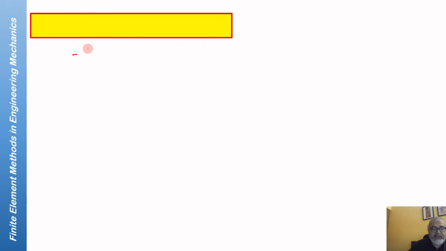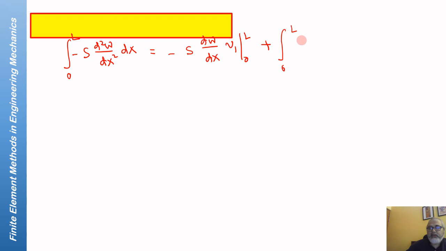So I have minus the integral of S dw/dx dv1/dx, which is equal to minus S dw/dx v1 from 0 to L plus the integral 0 to L of S dw/dx dv1/dx.